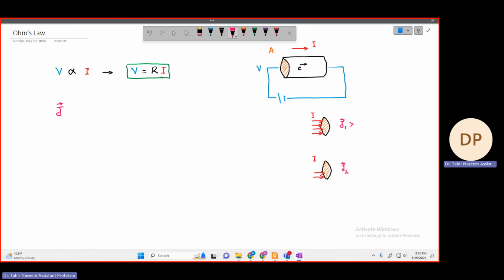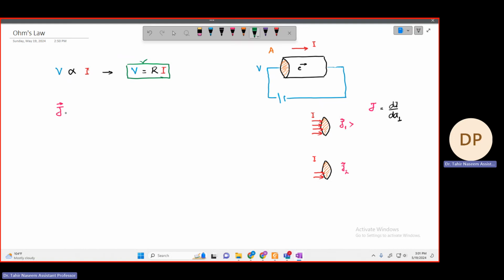So the definition of current density is current per unit area which is perpendicular to the flow of current. So this is current density, and now I want to write Ohm's law in the form of current density. We know current density is related with current.